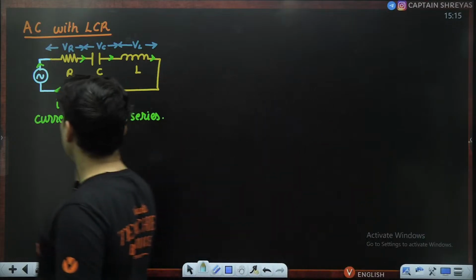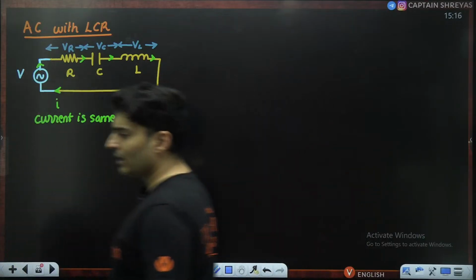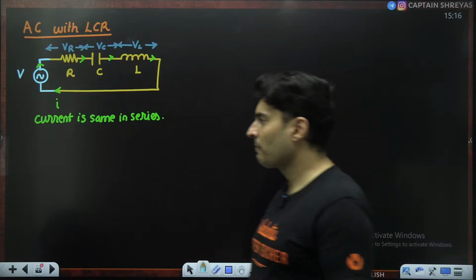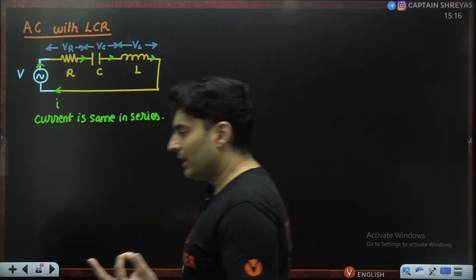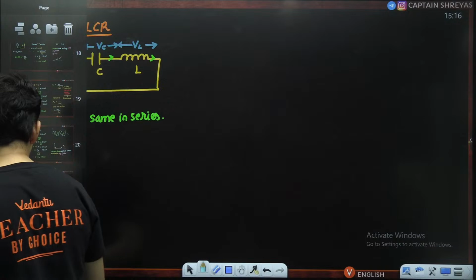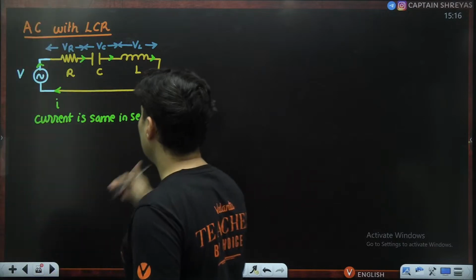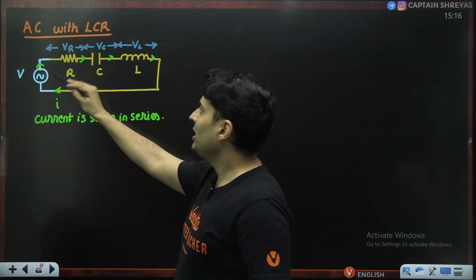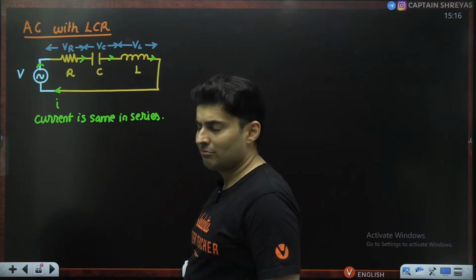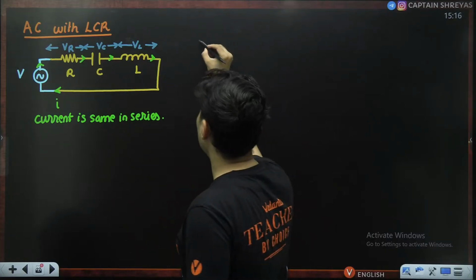So what do we do? Well, the total voltage of the circuit, let's say I call it V, which is given by the source. Lot of you might now think, sir, it is very simple. V is VR plus VC plus VL. Yes, correct. You are right.